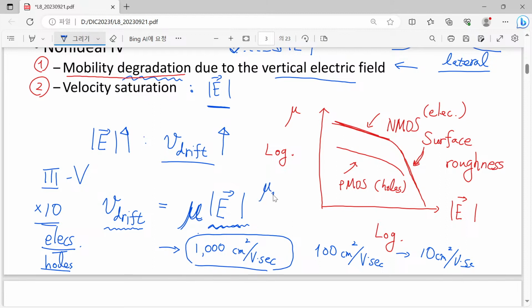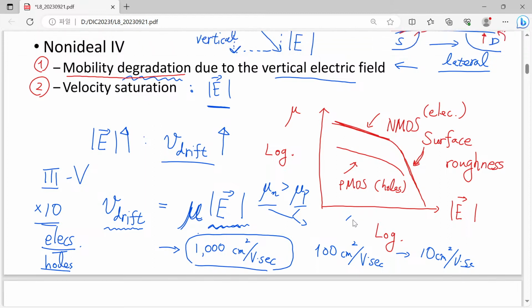So you know that in the case of silicon, although μn is higher than μp, their values do not show much difference, like one or two orders of magnitude. They are in the same range, the same order of magnitude.